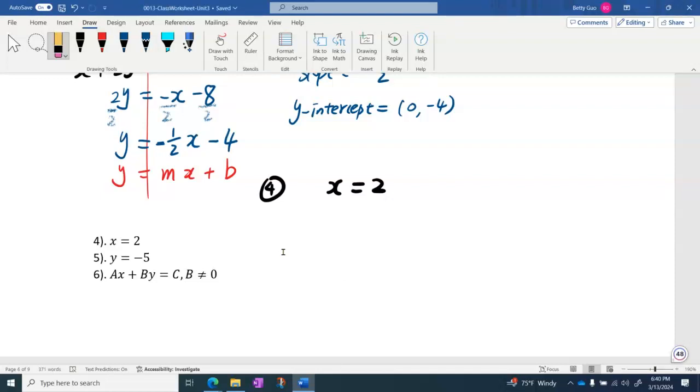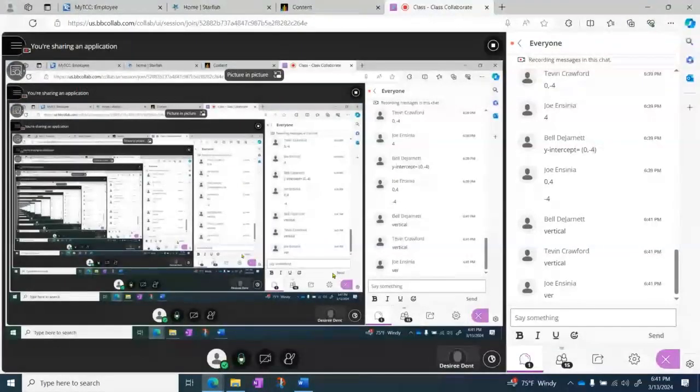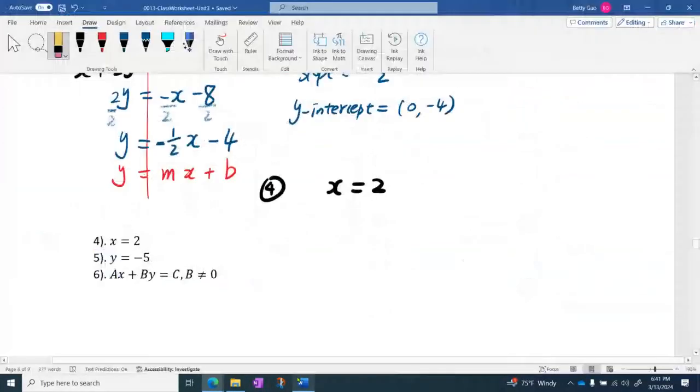Let me remind you, either horizontal or vertical. Is this vertical or horizontal? Vertical. Awesome. Very good. Question, what's the slope of a vertical line?